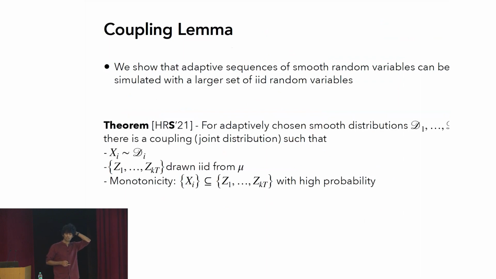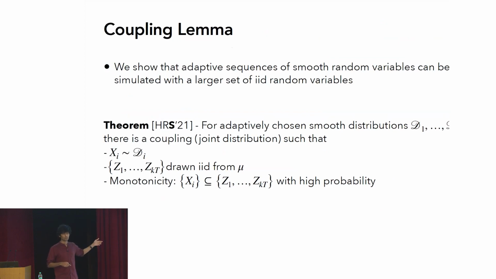More formally, for any sequence of smooth distributions D1 to DT, there is a coupling between draws xi from Di and draws zi from the base measure mu, such that with high probability xi is contained in the set z1 to zK. So the randomness in the smooth distributions can be captured by the randomness in draws from mu.